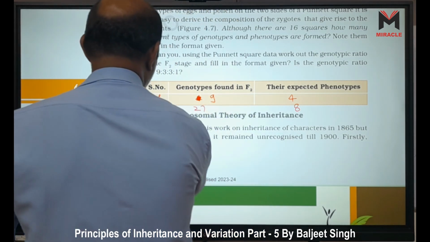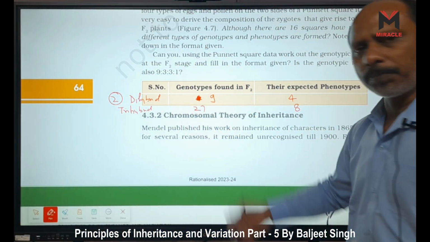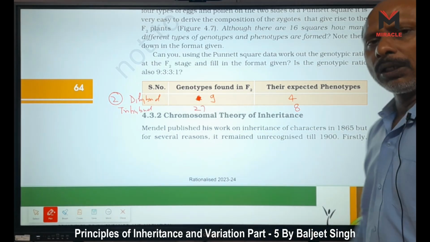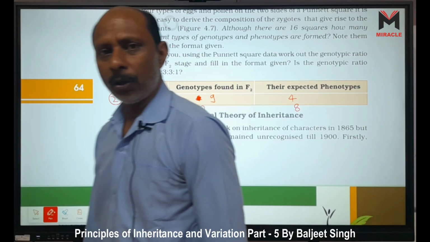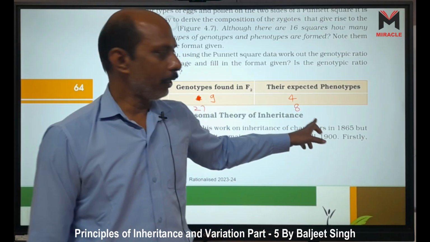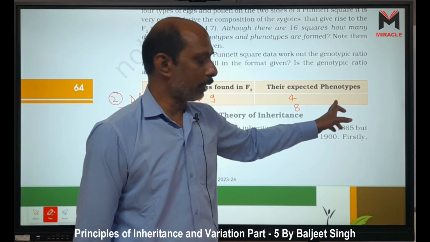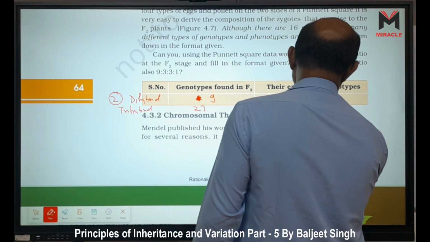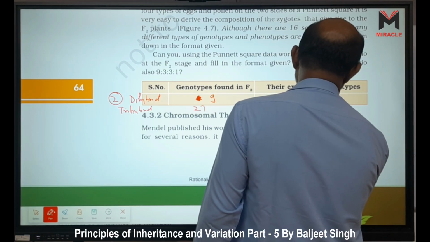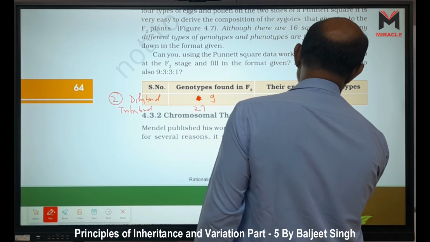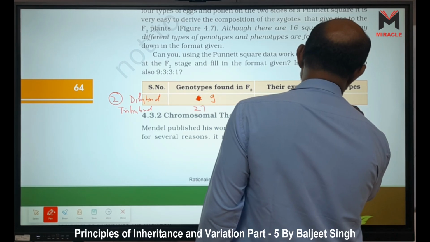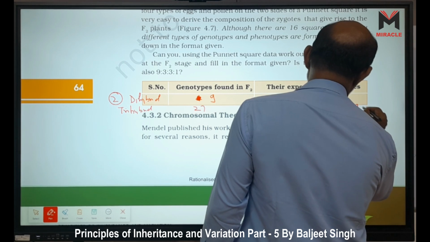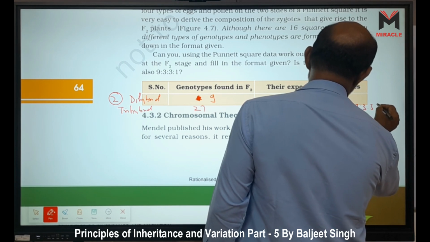Right? When it is a trihybrid cross, the expected genotype ratio is too much. But we can expect the phenotypic ratio: 8 phenotypes in the ratio 27:9:9:9:3:3:3:1.